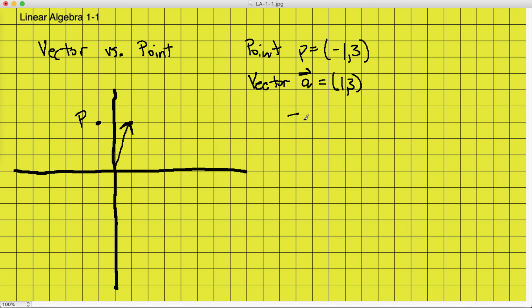First of all, a vector has magnitude. And magnitude is a very fancy way of just saying it has a length. And the length of this vector, of course, is the distance from this point to that point right there. And we will discuss that in a second.